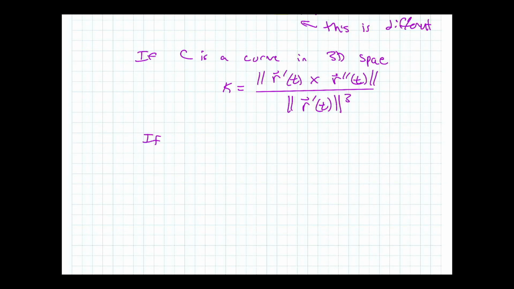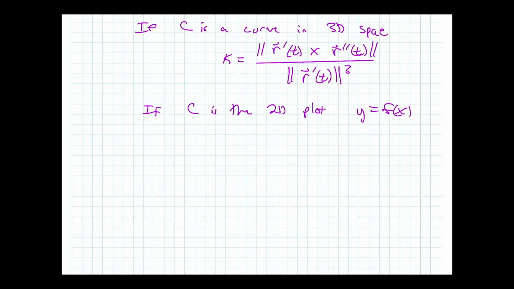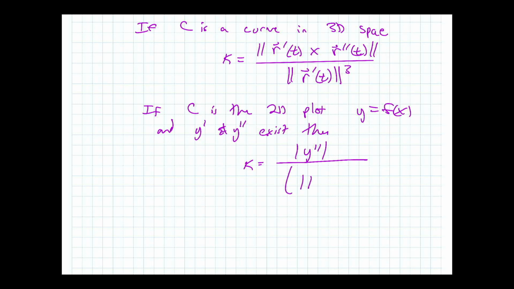And if C is a 2D plot, y equals f of x, like you would get in calculus 1 class, and y prime and y double prime exist, then the curvature is the absolute value of y double prime over 1 plus y prime squared to the 3 halves.